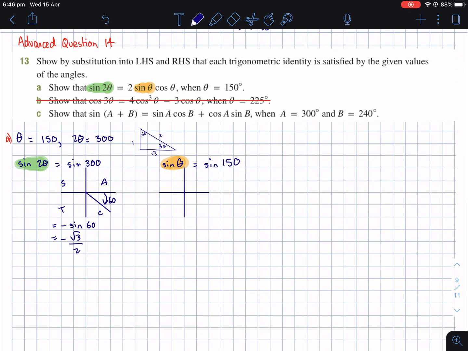That's why I've been smashing these with you guys. So if this is 150, this must be 30, SATC, so it's positive sine 30. Looking at our triangle again, sine 30 is 1 over 2, so it's positive 1 over 2.